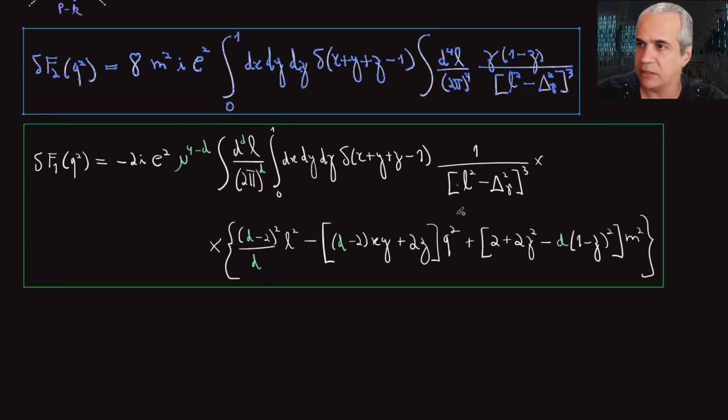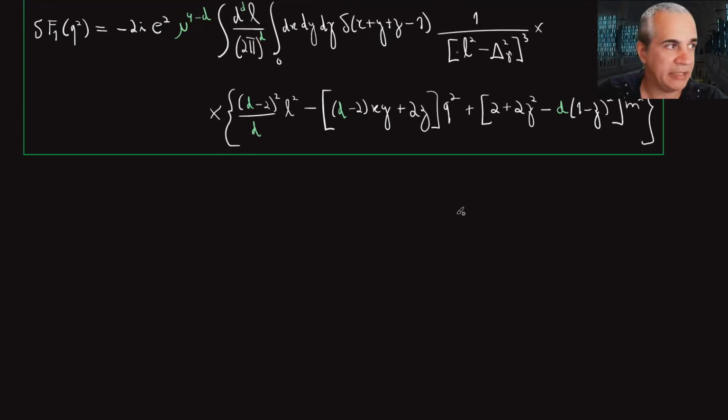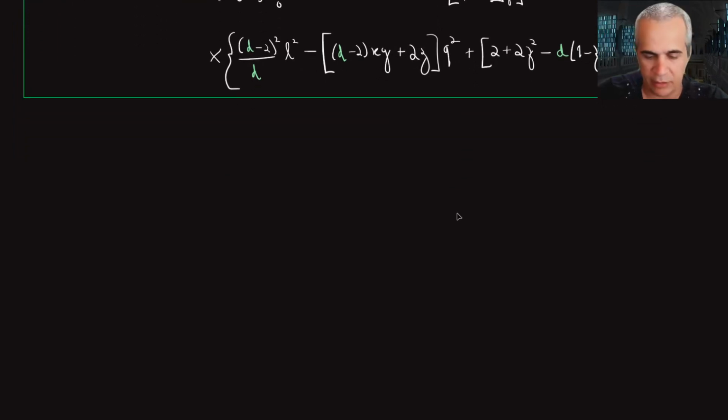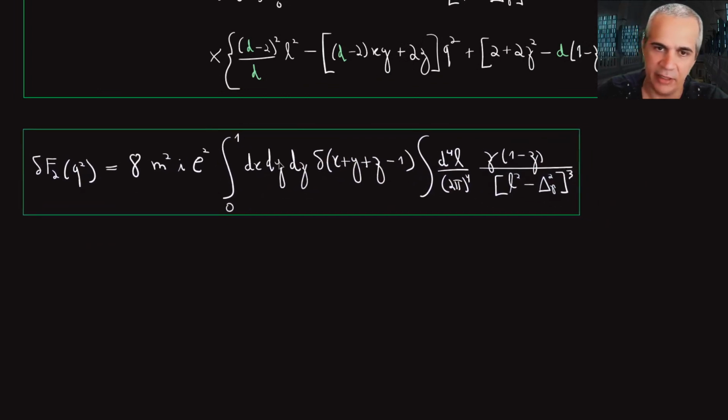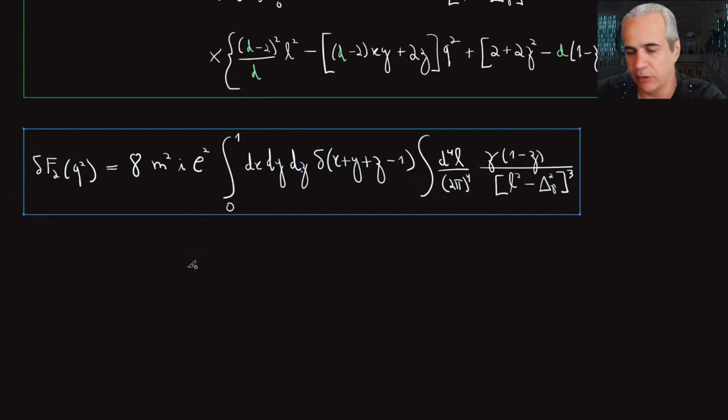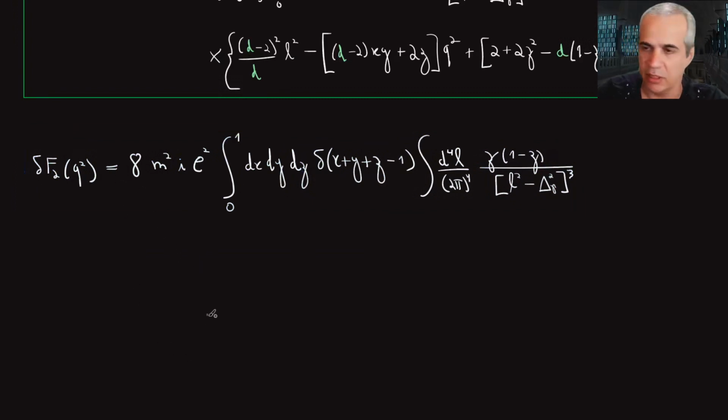And keep in mind that we expected delta F2 to be finite because it's connected directly to the anomalous magnetic moment of the electron. Now we'll be able to calculate that explicitly. That's what we're looking for here. So the next step in this calculation is to really rotate to the Euclidean.